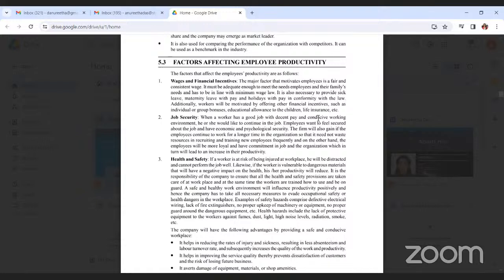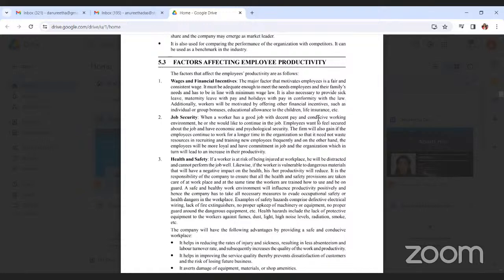So basically, wages and financial incentives is in order for us to work, what is it that we are getting in return, right? So what are the employees getting? Employees must be getting certain sick leaves, paid holidays, maternity leave, all these comfort zones. They should be very good.